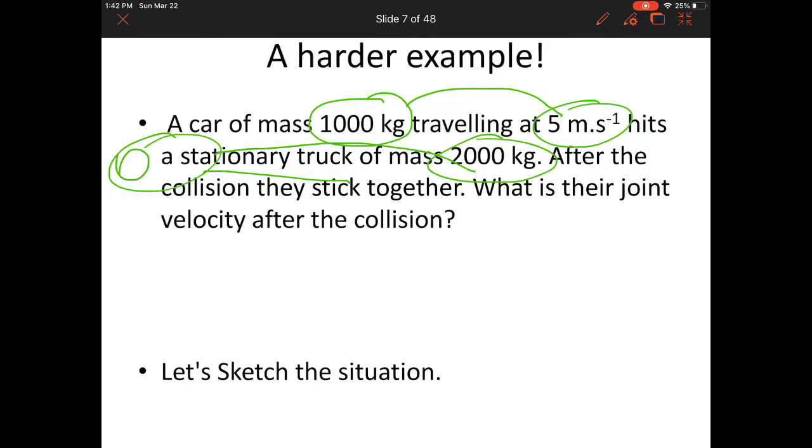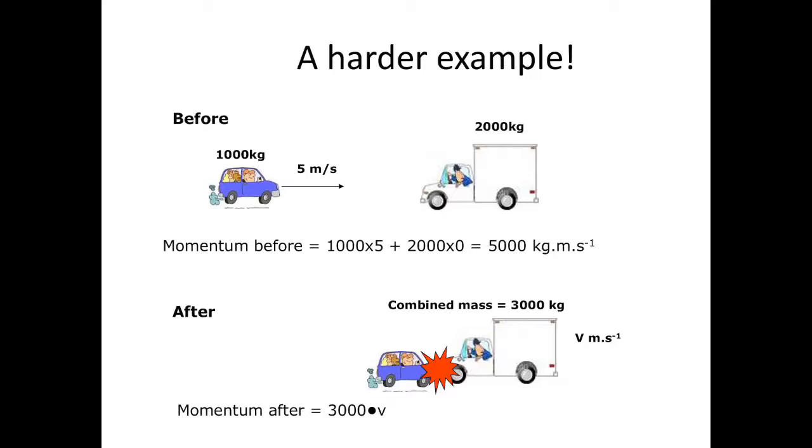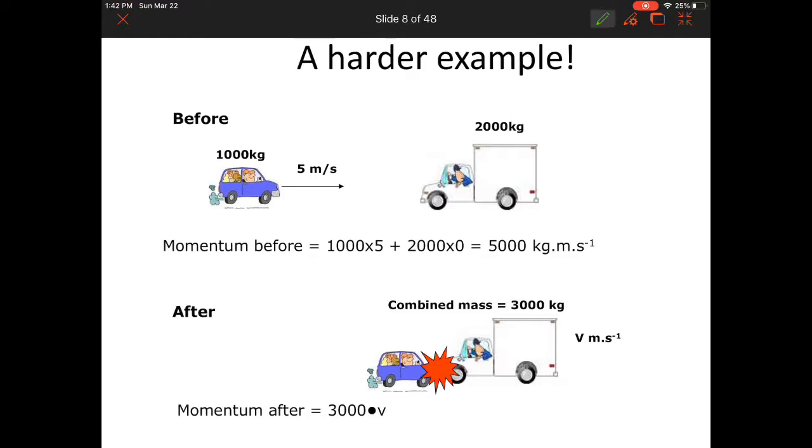We also do the same thing after, but something's going to be slightly different because they stick together. So here's a sketch, right? We've got this truck which is not moving, 0 meters per second, but we have a mass of 2,000 kg, so it has no momentum.